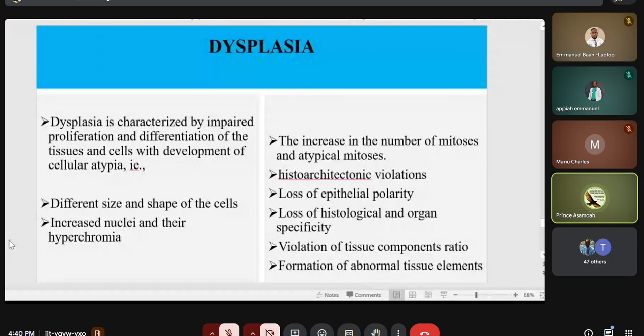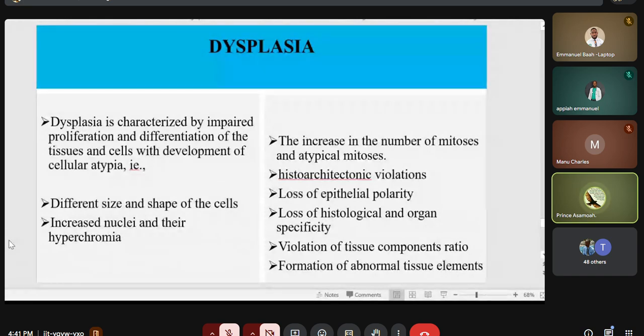So for the rest, I think you understand. Loss of epithelial polarity, loss of histological and organ specificity, violation of tissue component ratio. So dysplasia, understand that it is characterized by impaired proliferation.